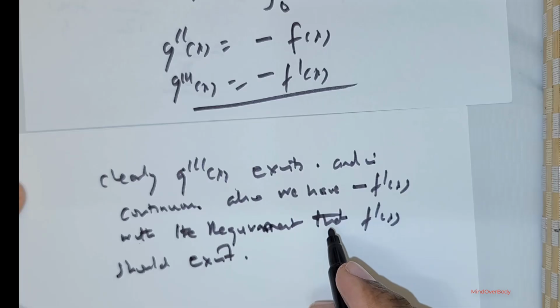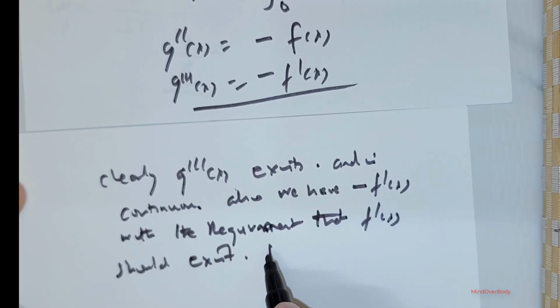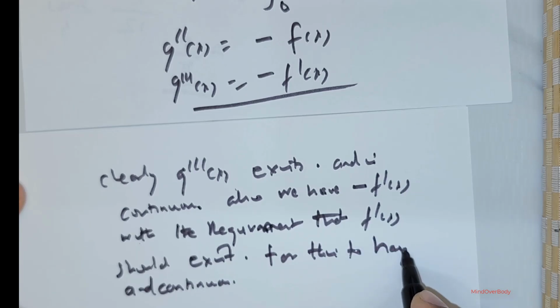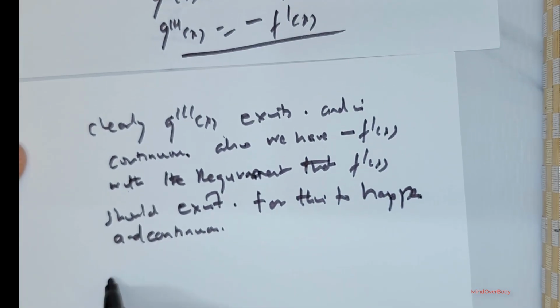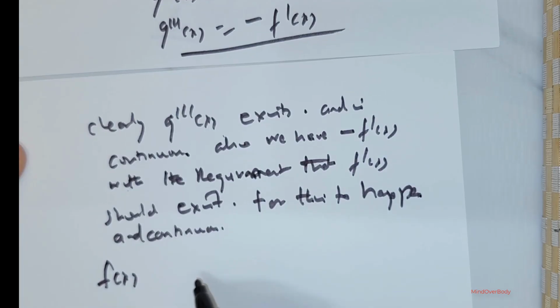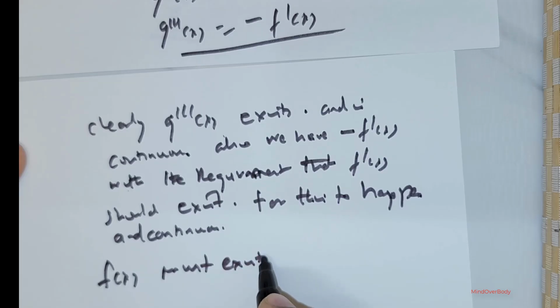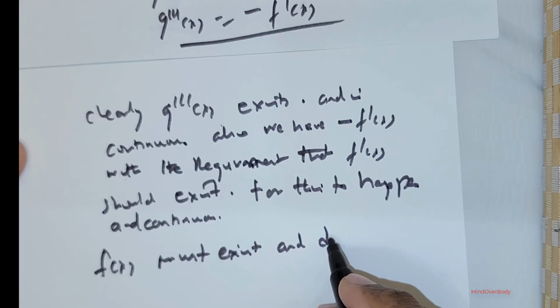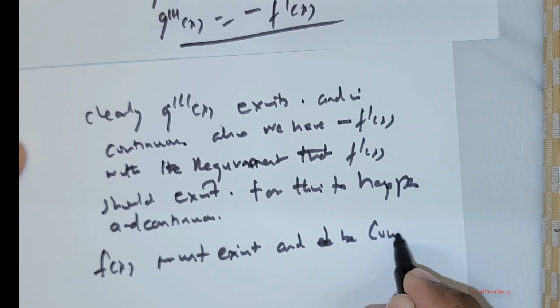Of course f is continuous, right? So it should exist and be continuous. For this to happen, f dash of x must exist and be continuous.